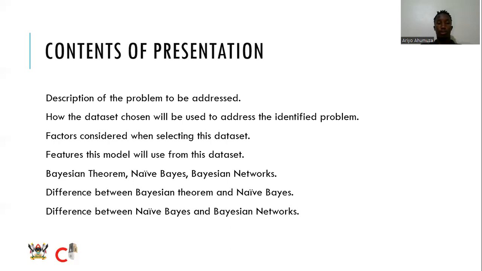We shall also go through the differences between Bayesian theorem and naive Bayes, and that between naive Bayes and Bayesian networks.